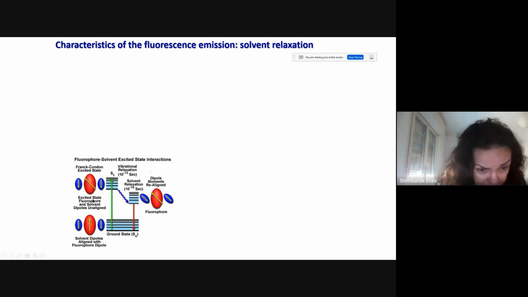So the solvent doesn't succeed. There's not enough time to rearrange around this new dipole, and it takes a bit longer time.